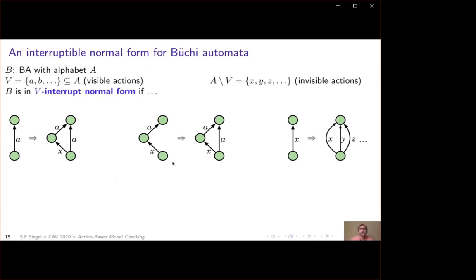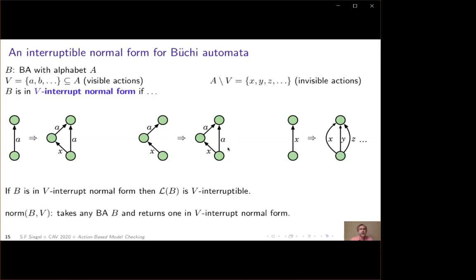For example, this condition says that if there is an invisible transition in B followed by a visible transition labeled A, then B must contain a transition from the first state directly to the third state with the label A. We show that if B is in V-interrupt normal form, then the language of B is V-interruptible. And we also define a transformation on Buchi automata, norm B,V, which takes any Buchi automaton B and returns one in V-interrupt normal form.